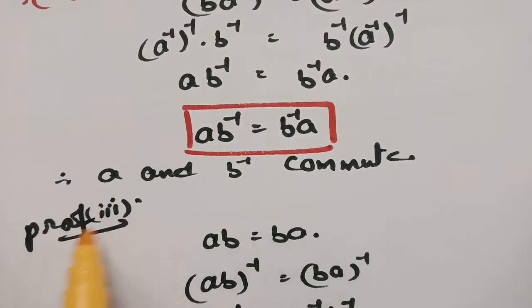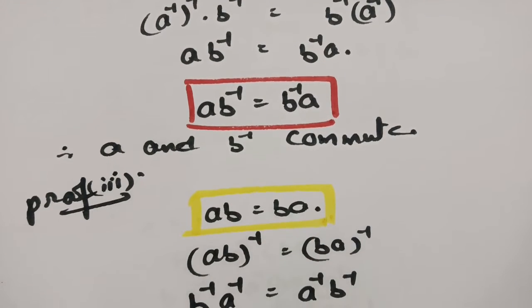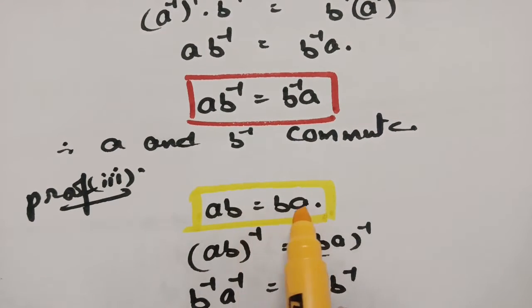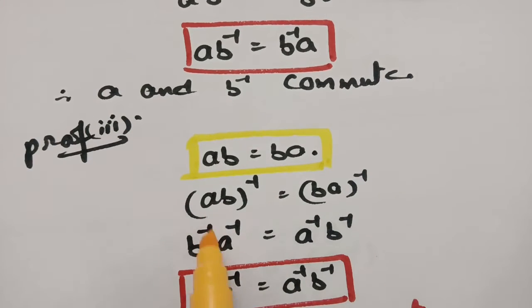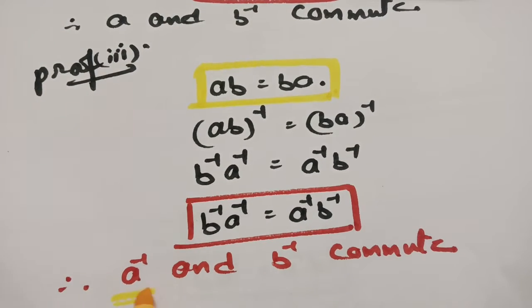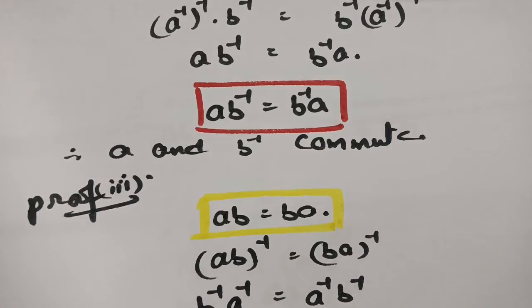And next, according to proof 3, A, B belong to G and G is a group, AB commute, so AB is equal to BA. After taking whole inverse on both sides, B inverse into A inverse is equal to A inverse into B inverse, and we say that A inverse and B inverse commute. So this is about the first thing.